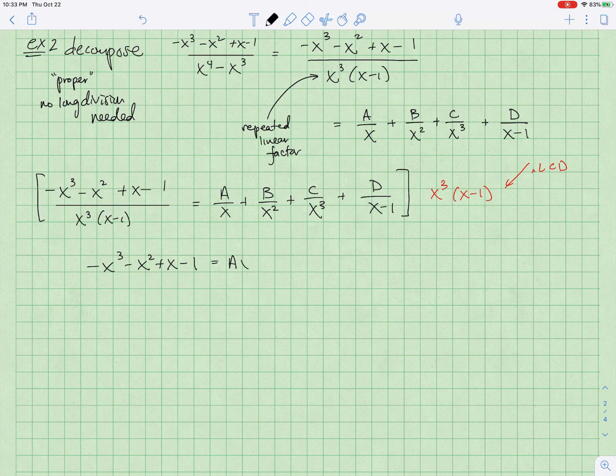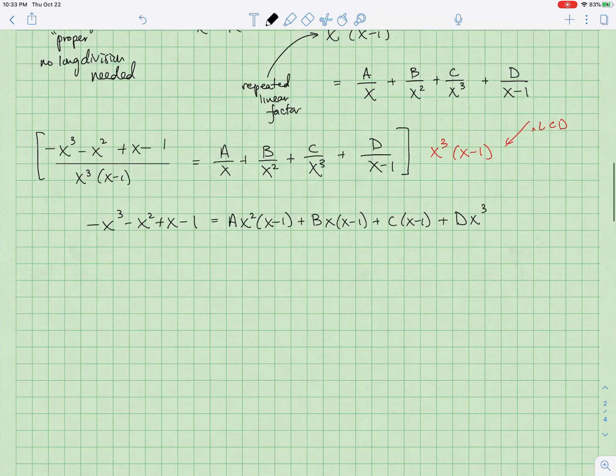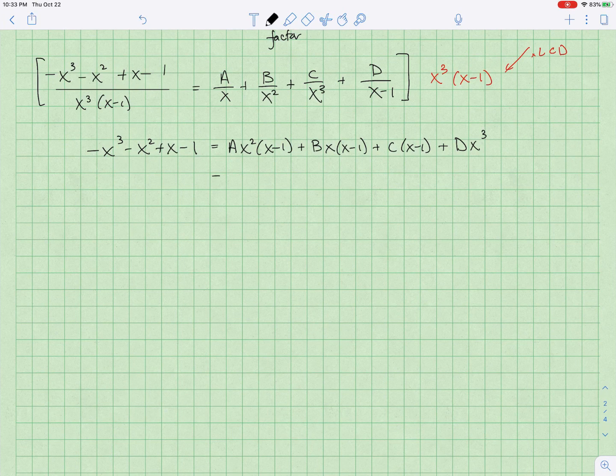I don't need parentheses there. x squared times x minus 1 plus b times x, x minus 1, plus c times x minus 1 plus dx cubed. Using the strong sense of equality, we're going to multiply this all out and we get ax cubed minus ax squared plus bx squared minus bx plus cx minus c plus dx cubed.